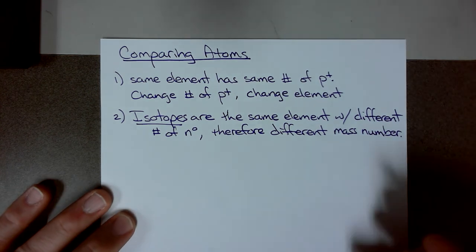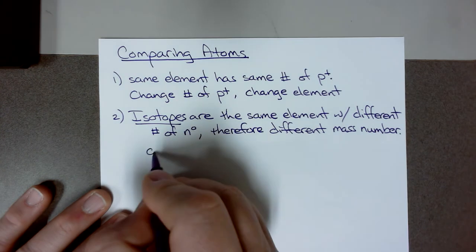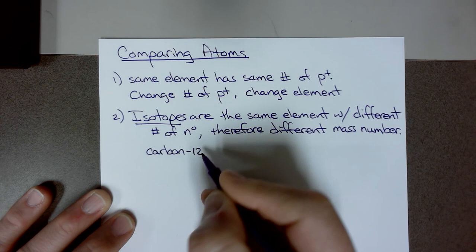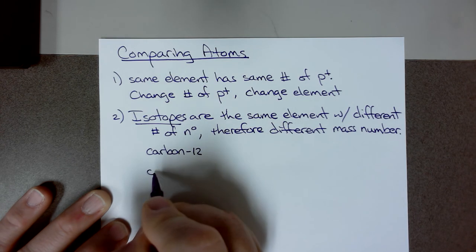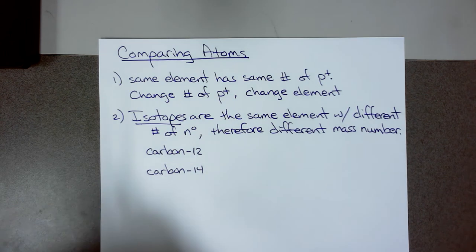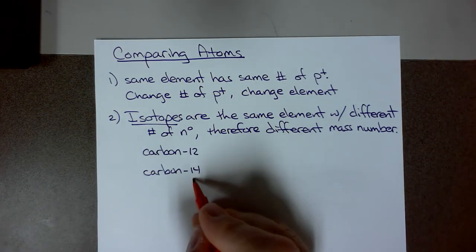So let's look at some examples. If I take carbon-12 and carbon-14, the number after the dash is the mass number.